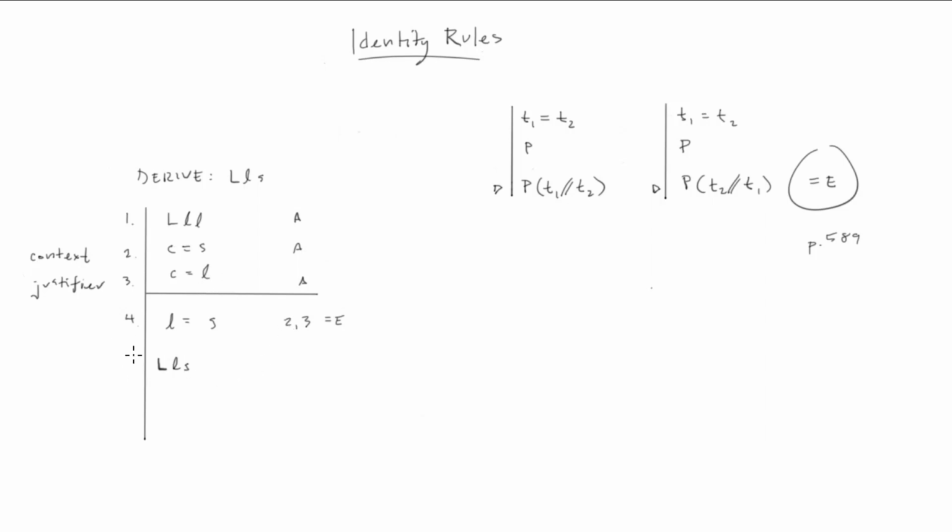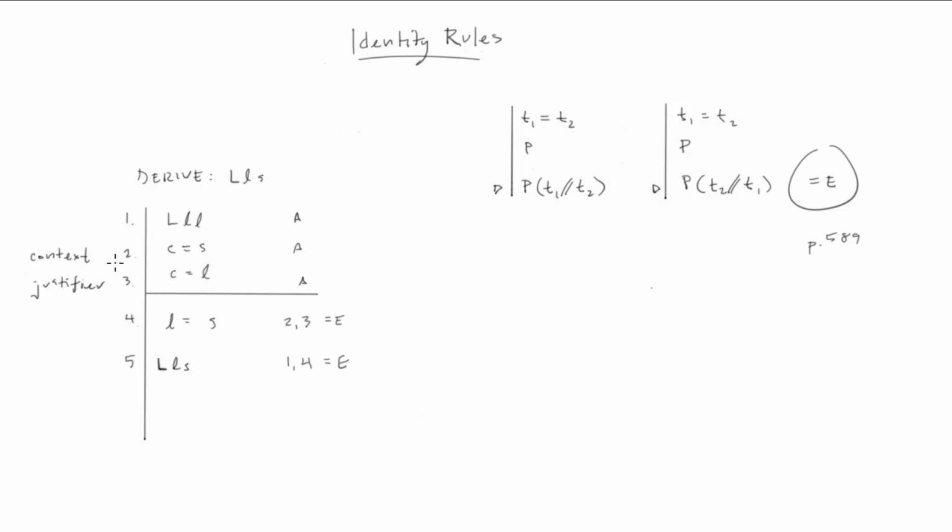On line 5, we can get our target statement, LLS, and this highlights one of the interesting features of our identity elimination rule. This comes from lines 1 and 4, identity elimination.